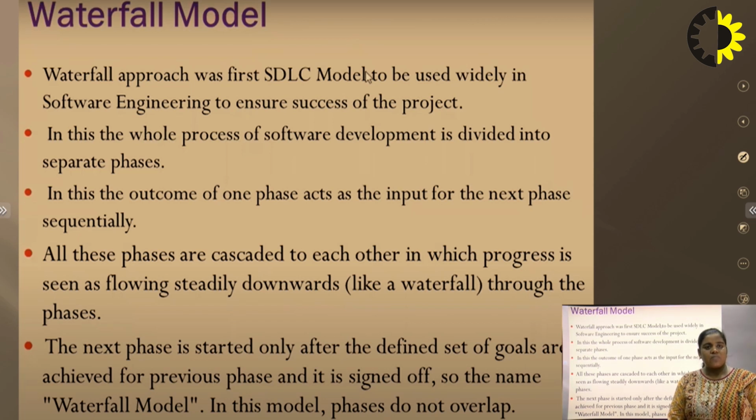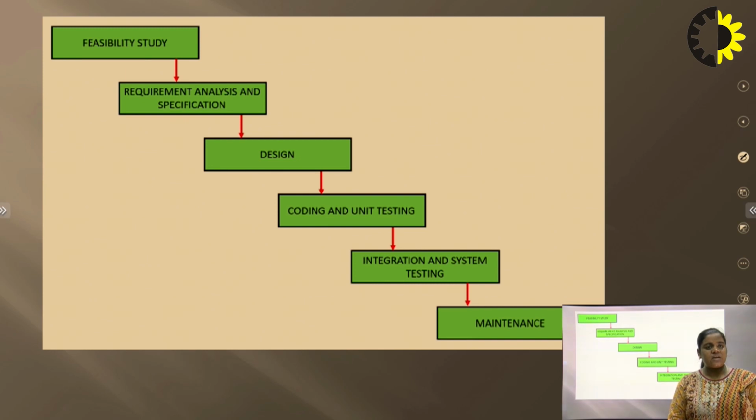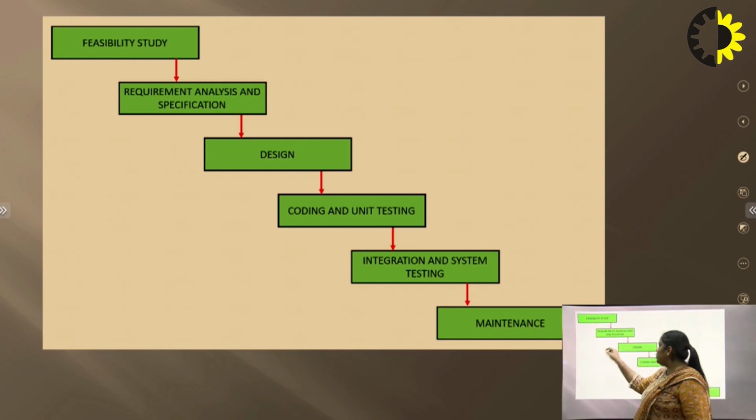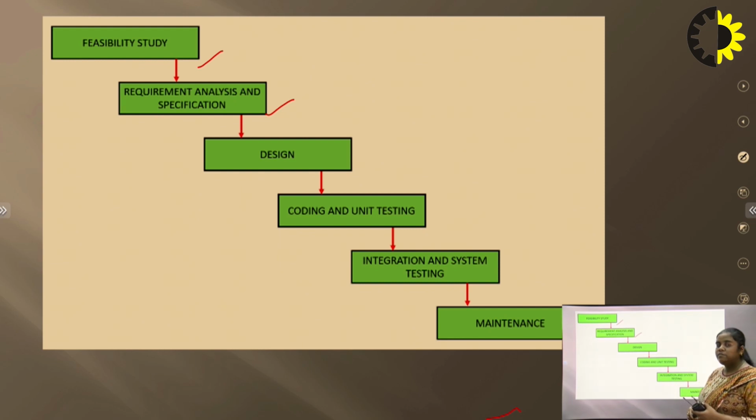It develops the software one step at a time, or we can say in phases. First of all, it collects requirements related to the software and also does a feasibility study of that software, to see whether it is capable of being built or not. After feasibility and requirements, we move toward the design phase.